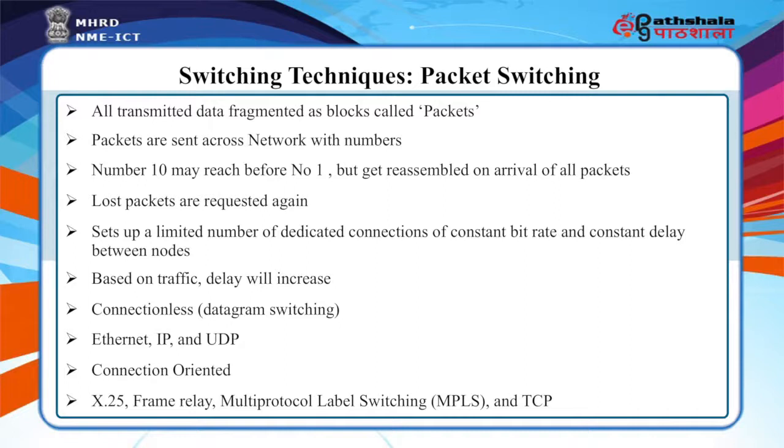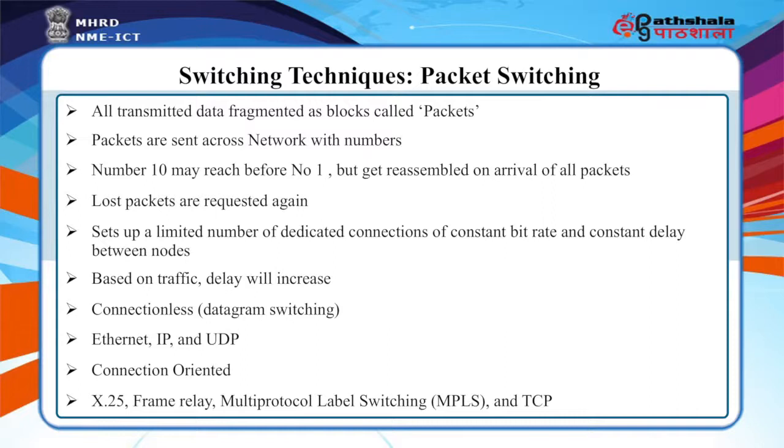If the photograph is split into 10 packets and numbered from 1 to 10, all these packets are sent across the network and get reassembled on arrival of all packets. In this scenario, the 10th packet may reach before the first packet.